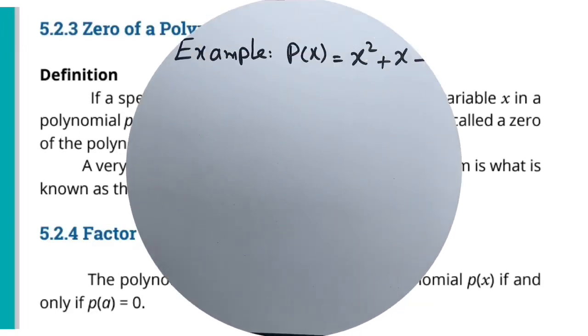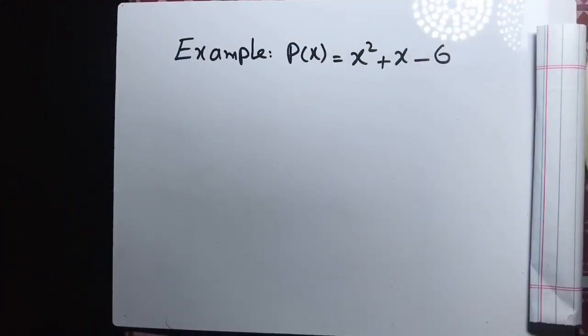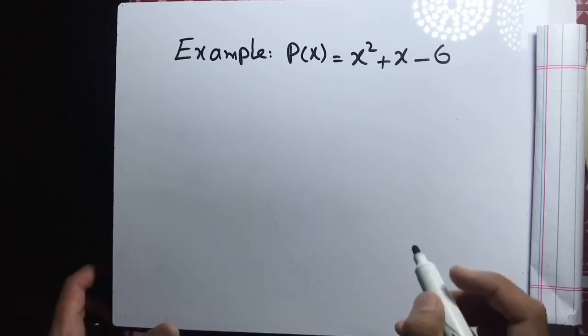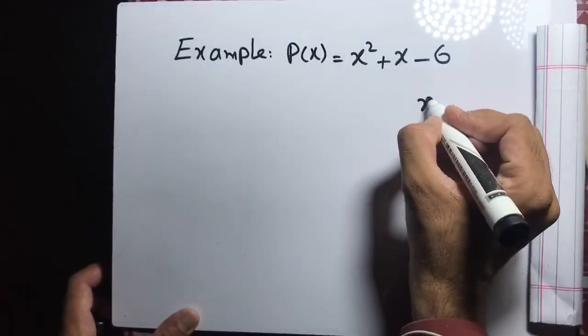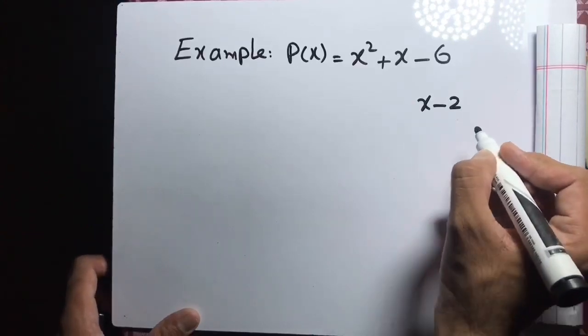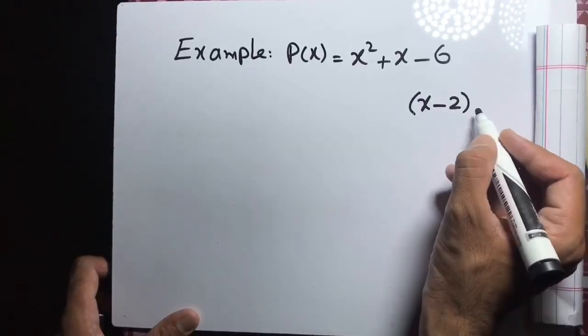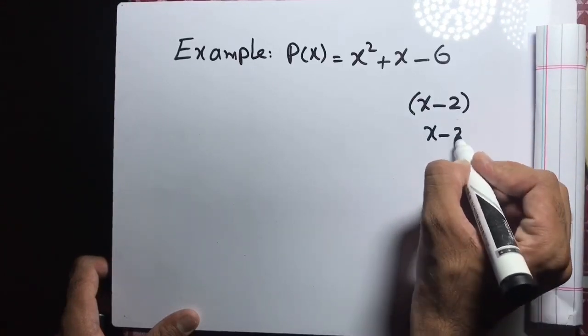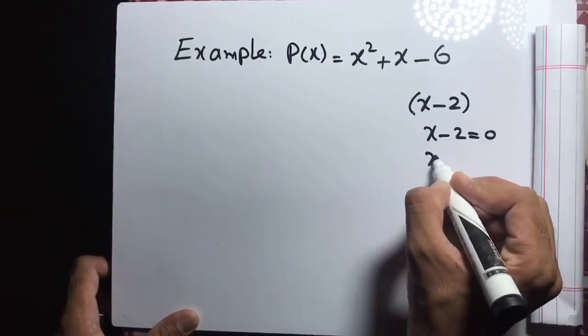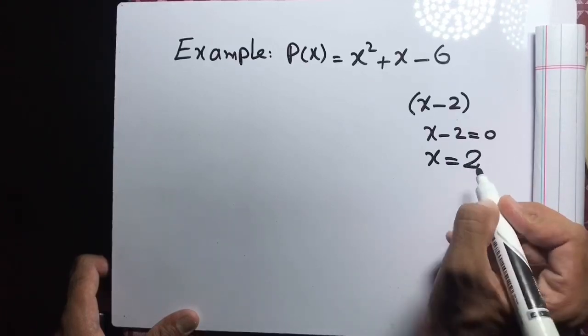Look at here, p of x is equal to x square plus x minus 6. Here we take divisor x minus 2 to find the value of x. You know that we put x minus 2 is equal to 0. Now from here you can find the value of x, that is equal to 2.